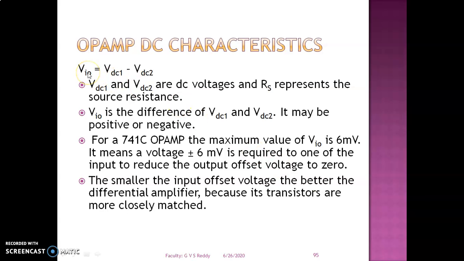Here VIO is the difference of the two input DC voltages, VDC1 minus VDC2. VDC1 and VDC2 are DC voltages applied at the input terminals of the operational amplifier, and RS represents the source resistance.